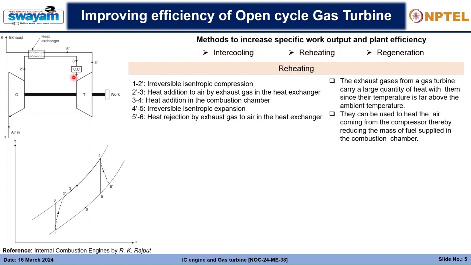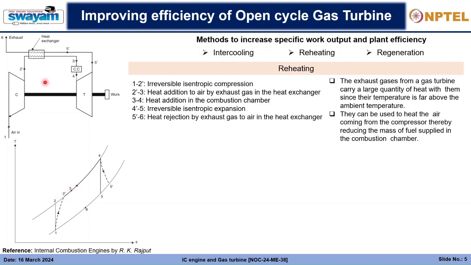Now you can very well see that from 1 it is compressed to 2', and then from 2' to 3 there is a heat exchange, and in the heat exchange the temperature of the compressed air rises from 2' to 3.